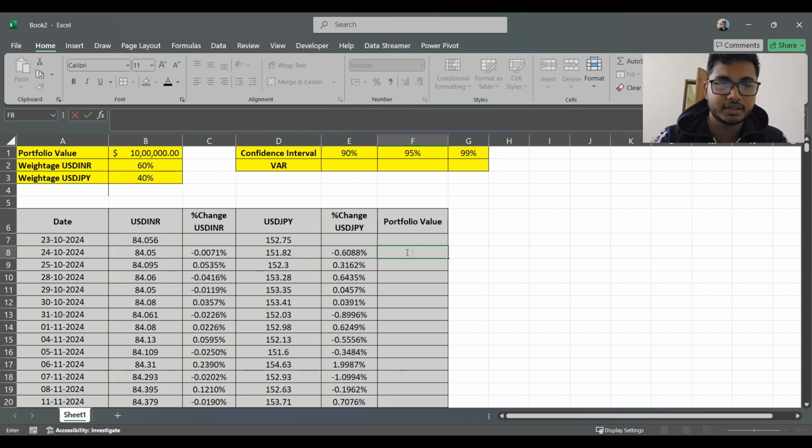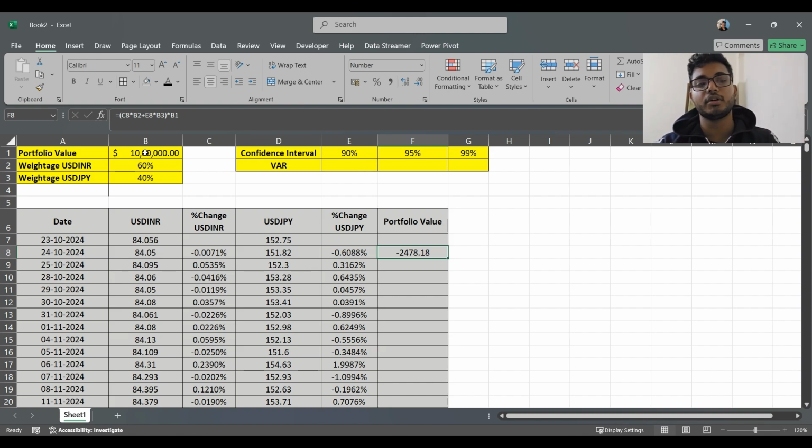So it is very similar. What we are going to do is, first we are going to take the percentage change in dollar INR and multiply it with the weightage of dollar INR. Second, we are going to add the percentage change in dollar JPY and multiply it with the dollar JPY weightage. And then we are going to multiply this whole thing with the portfolio value. That's how we will get the portfolio change from 23rd October 2024 to 24th October 2024.